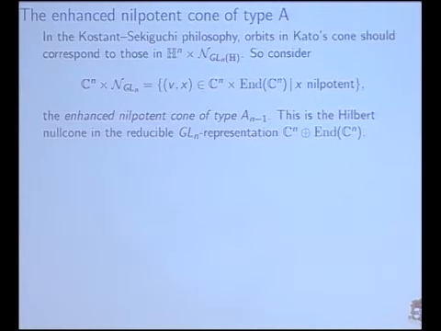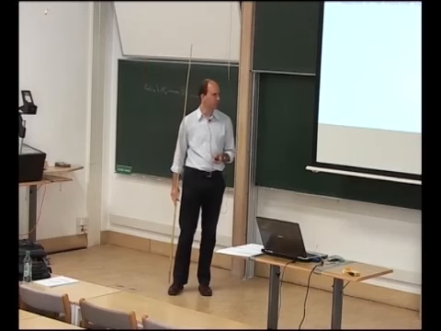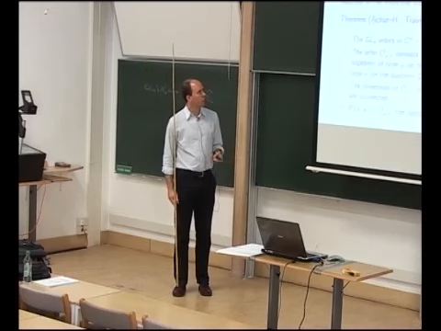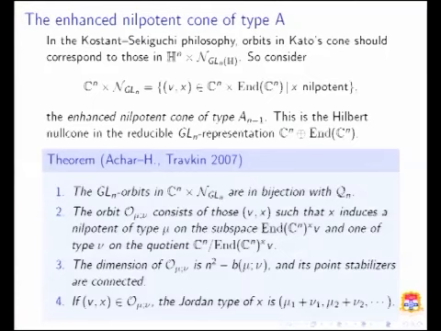And to anticipate the answer to John's question, we've proved that the fibers for the resolutions of this enhanced nilpotent cone have affine pavings, and I suspect that the fibers for Kato's cone should be exactly the same in some sense, but with all the complex vector spaces or complex affine spaces replaced by quaternionic affine spaces.